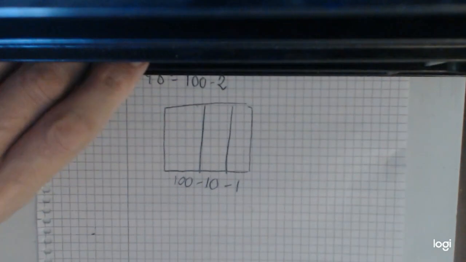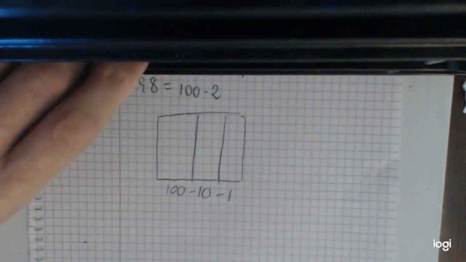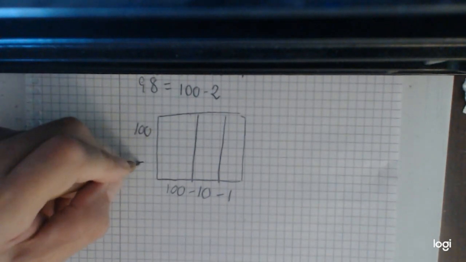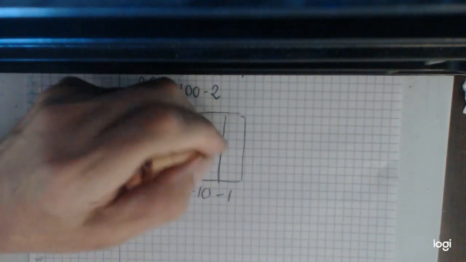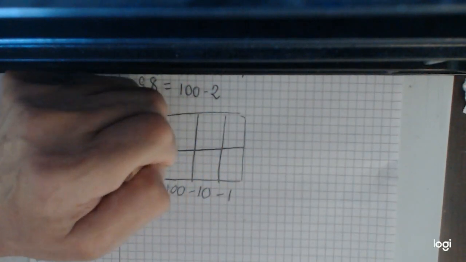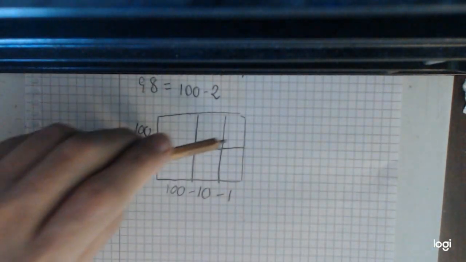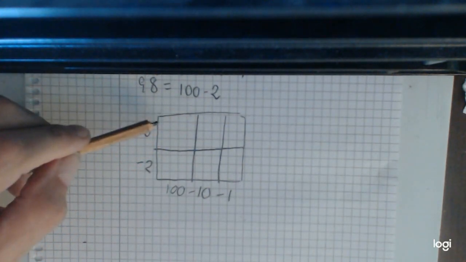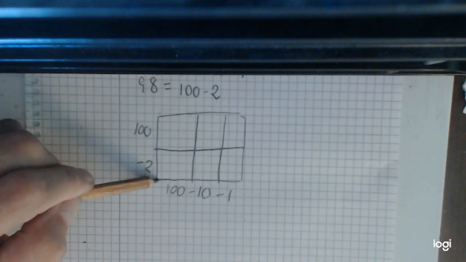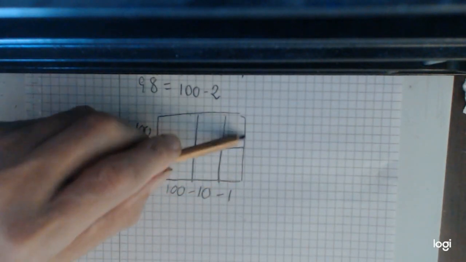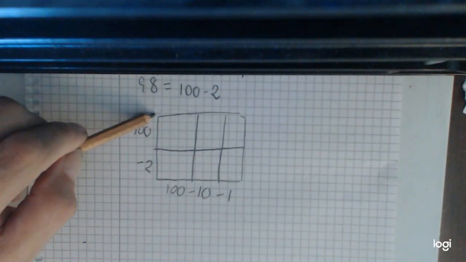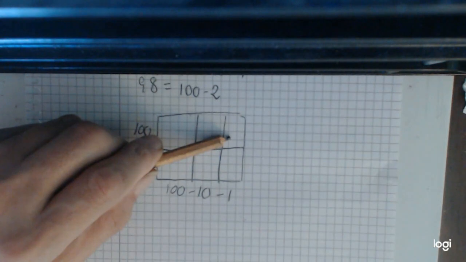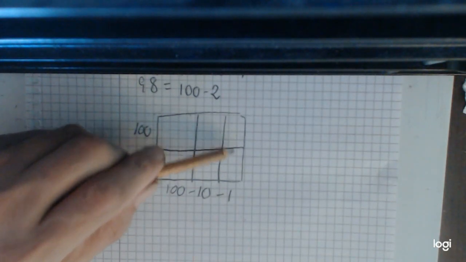Then the other side is 98, that's 100 minus 2. Then you draw just one line there. So now you know that this side here is 89 and this side is 98, and the product will be the area of this, and that is the sum of the sub-rectangle areas.